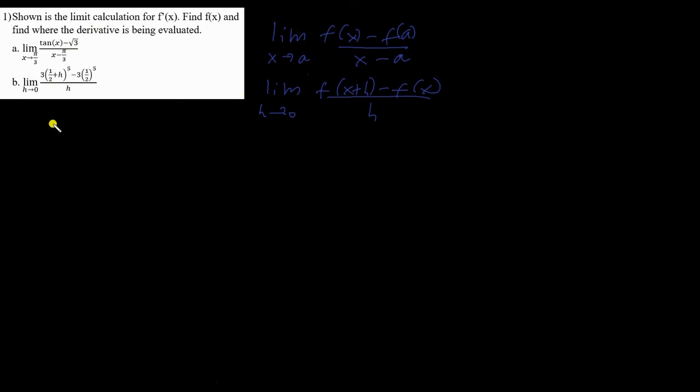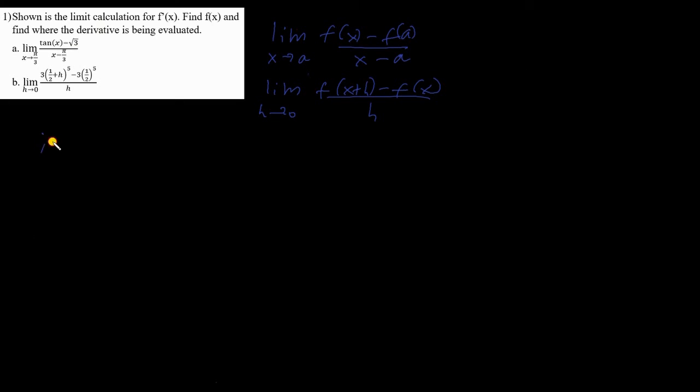So when we look at part A here, we notice that it's looking very similar to the top formula. We have a function minus a value over x minus a value, and then this a is the same as this. So there's probably a match here. And then the one thing we want to double check is that f of a is square root of 3.